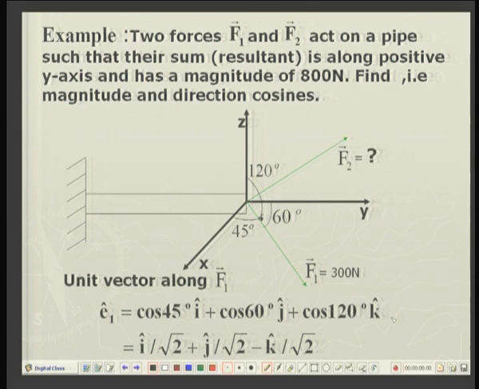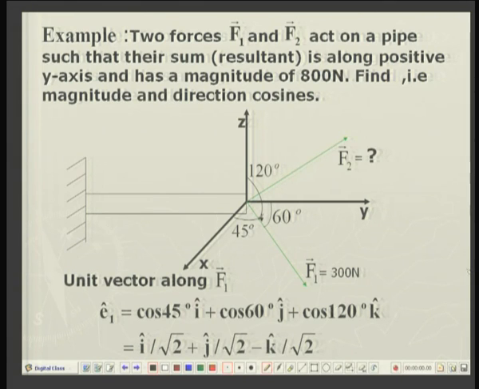Let us take up an example to fix our ideas about the direction cosines. Suppose there are two forces F1 and F2 which act on the end of a pipe as shown over here. This is a pipe which is fixed at one end, and at the other end there are two forces F1 and F2.